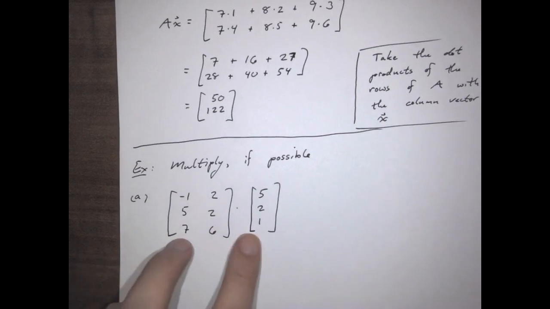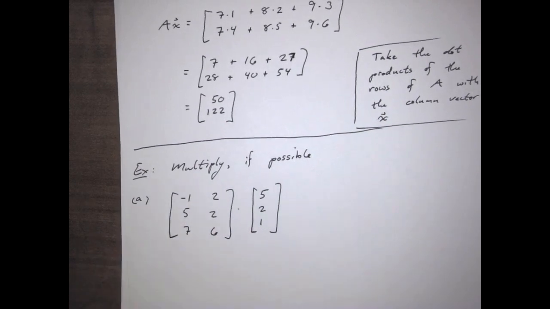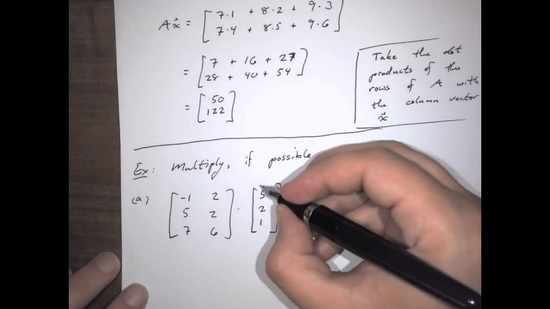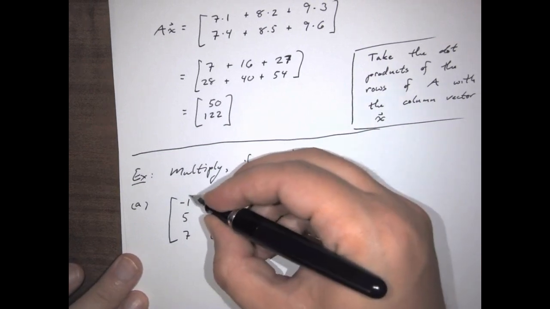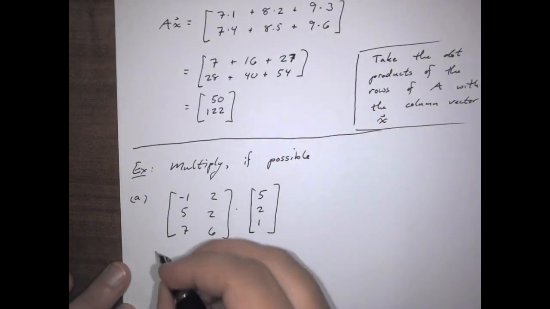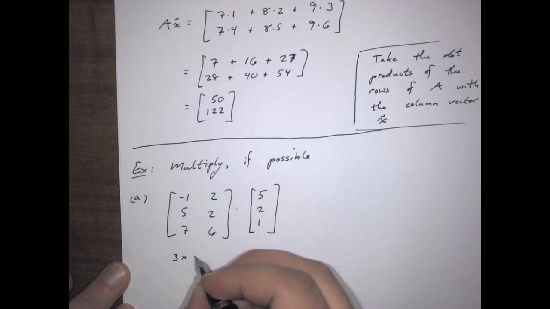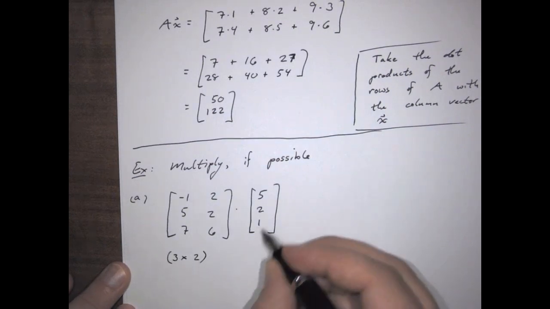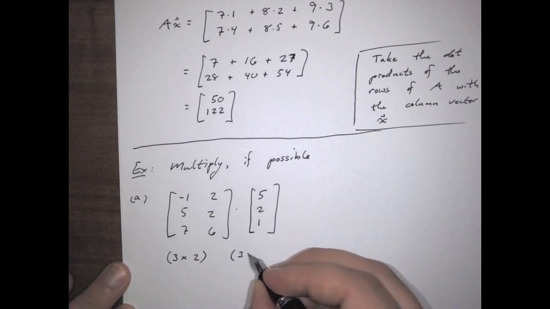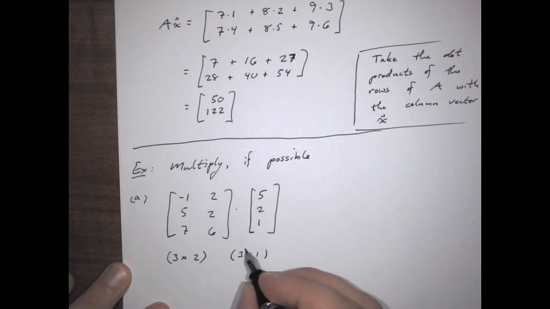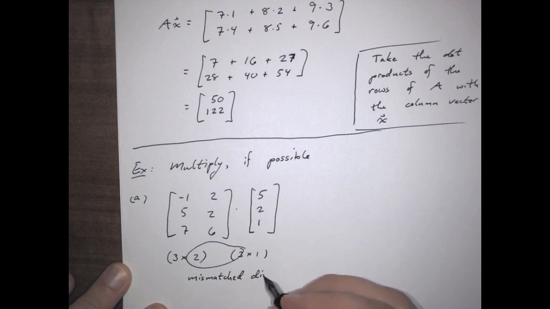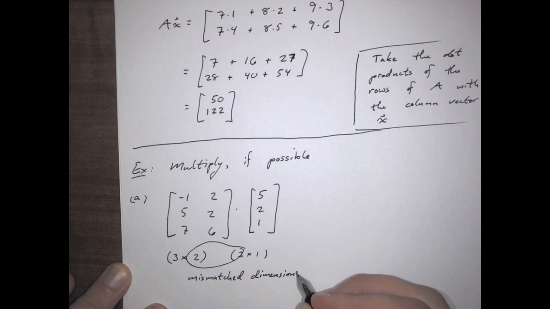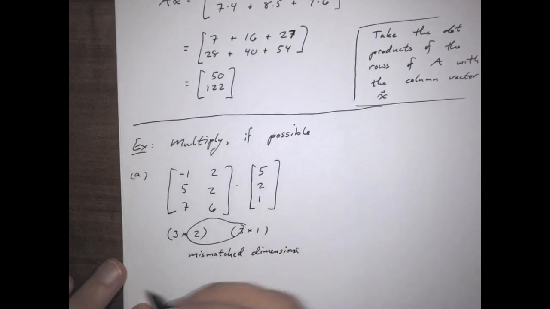So this can only be possible if it would have been possible to do it by the other means as well. Notice we have 3 entries in this vector, and only 2 columns in the matrix. This is a 3 by 2, and this is a 3 by 1, and these don't match. These are mismatched dimensions, which means it is impossible.